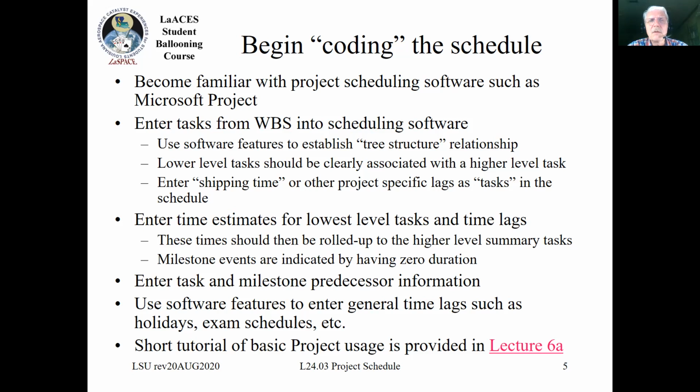At your lowest level, you would have your estimates for cost and time. Milestone events are zero duration. They are basically things that are delivered around them. Then put in your predecessor information, which tasks or which milestones depend upon previous tasks. Make certain you take into account things like holidays, exam schedules, etc.